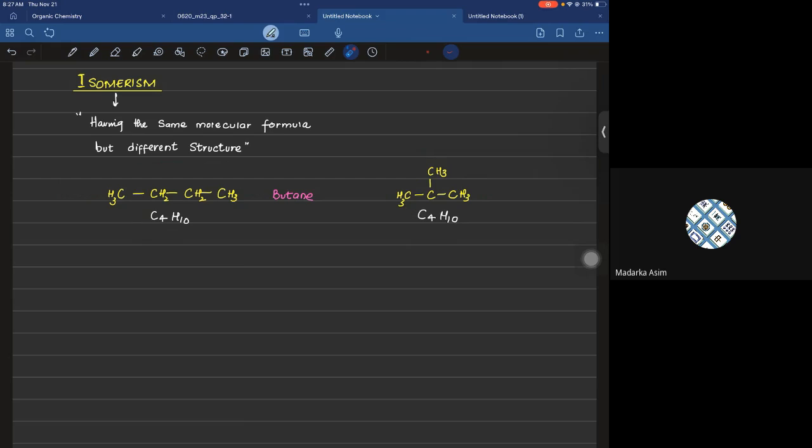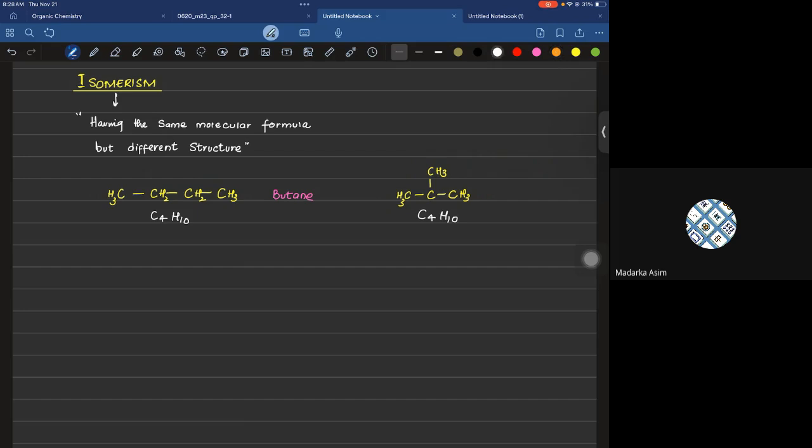In the first compound, there are 4 carbon atoms present in a long chain. But in the other structure, in a long chain, there are 3 carbon atoms. This is the branch. So now you can see the style is different. So they are isomers of each other.